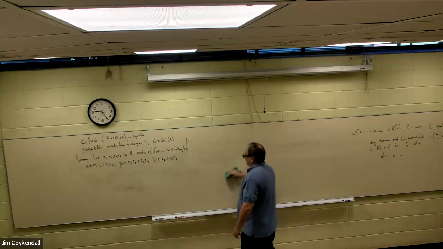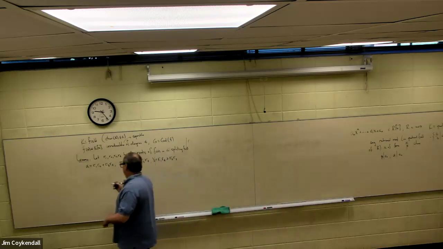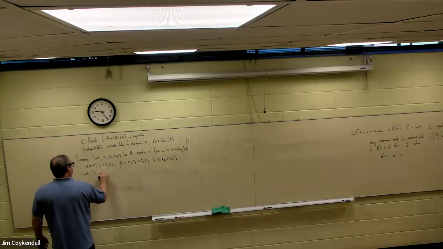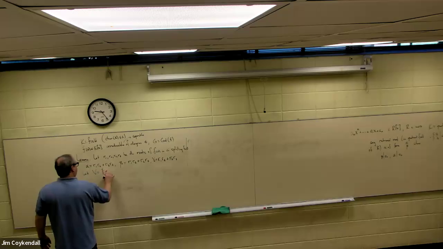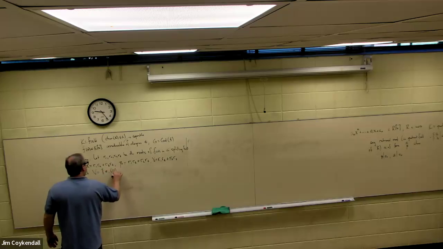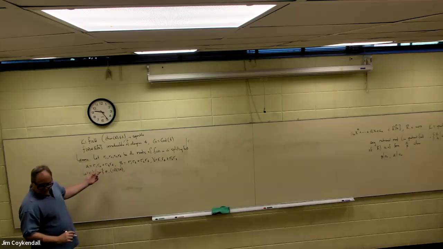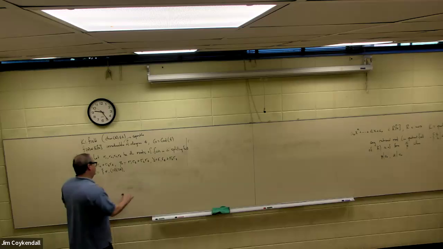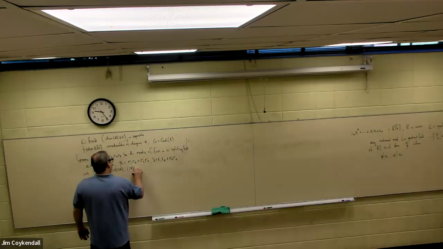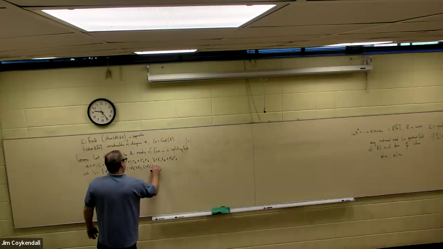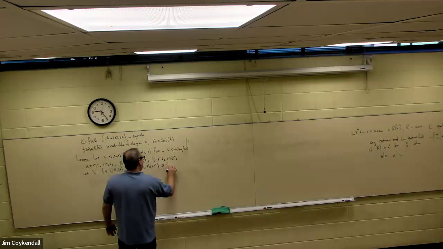Let's let V be the Klein four subgroup. You might think the way I've set these roots up might be kind of familiar, and there's a reason: this is normal in S4.